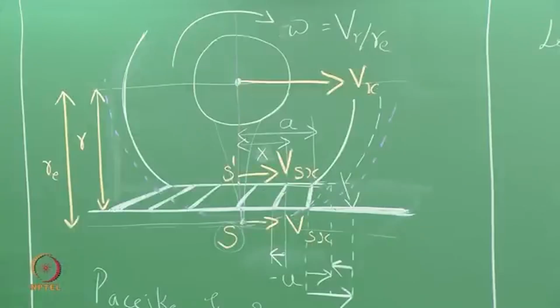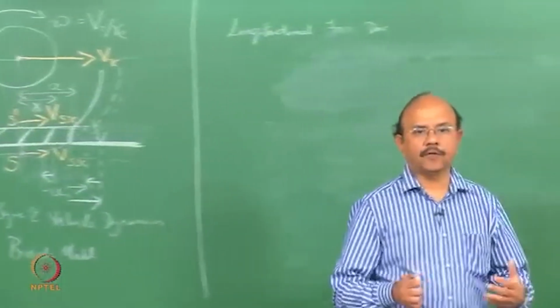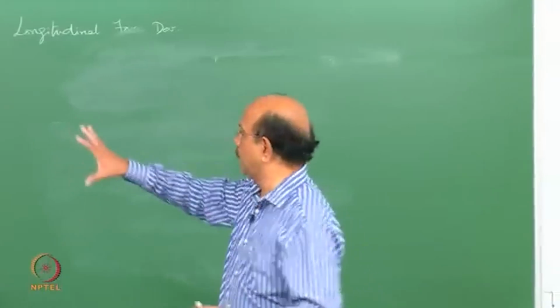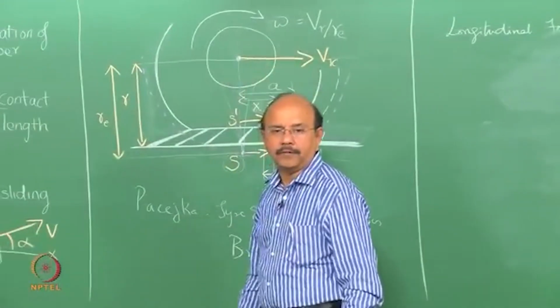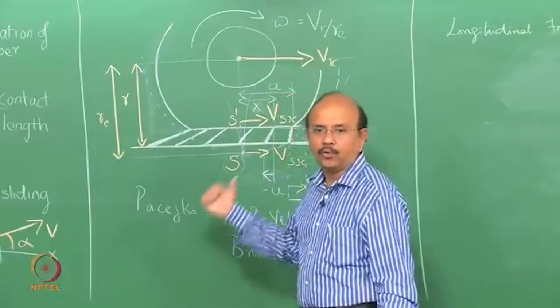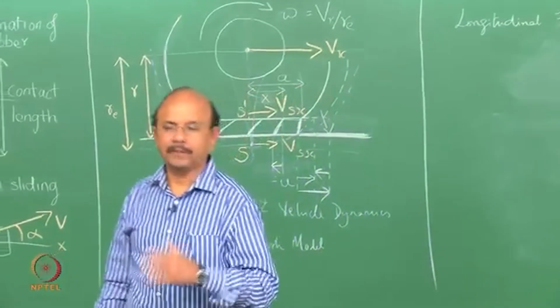Okay. So in free rolling, the velocity of S in this direction, which is omega into Re, is equal to Vx, so it does not slip, point number one.